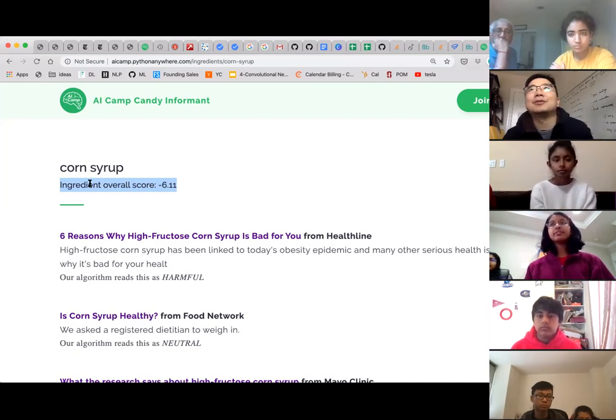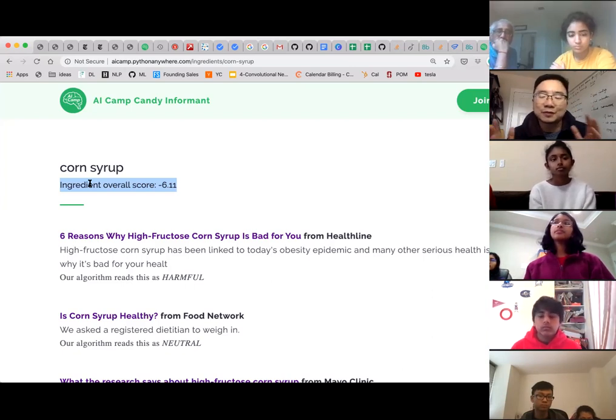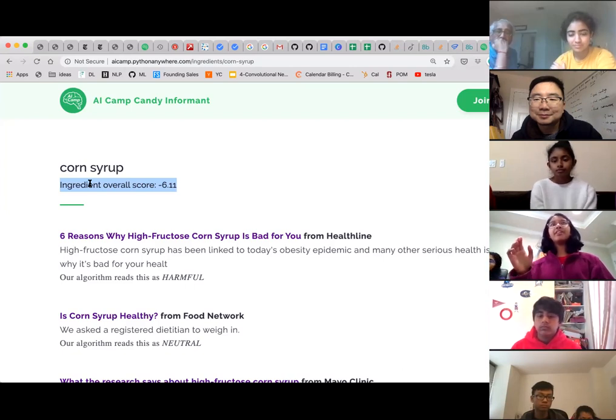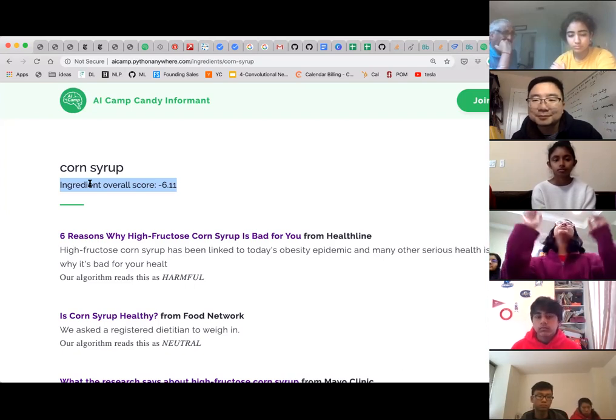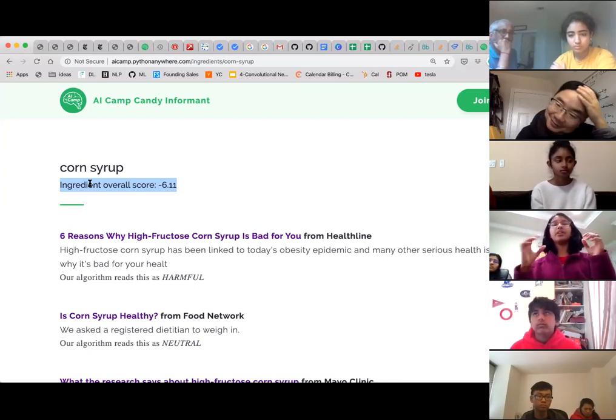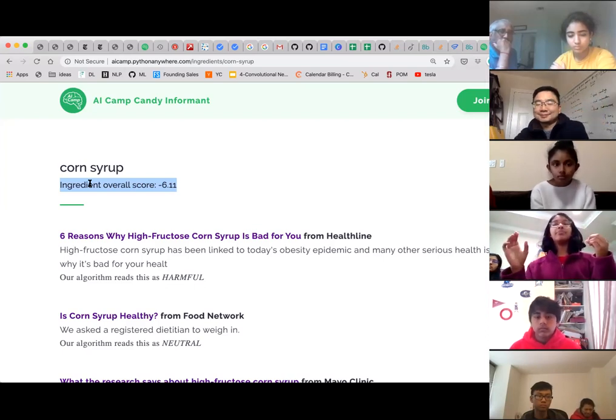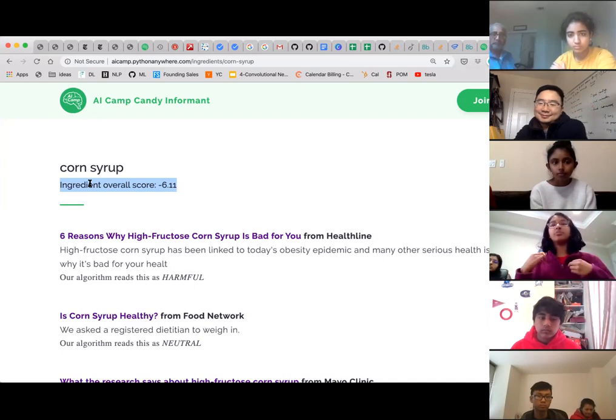We searched about 50, but sometimes the results are not coming back, so it's around 10 to 50. Okay, I'm just going to use 50 as an example. So let's say each ingredient had 50 different websites, and each of those websites would have a score based on what we labeled it as.